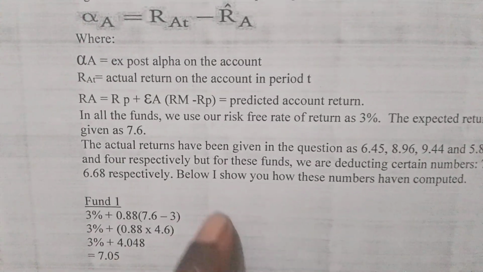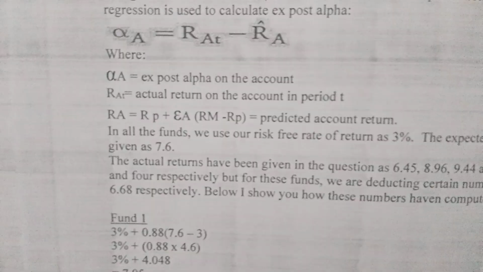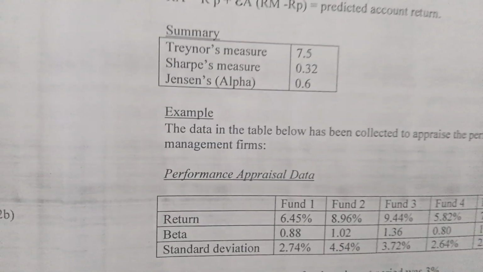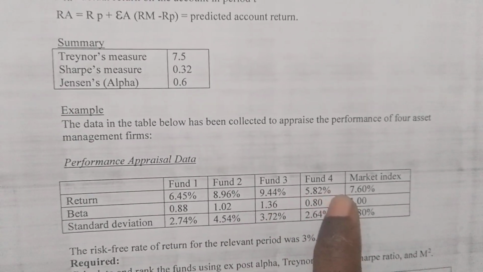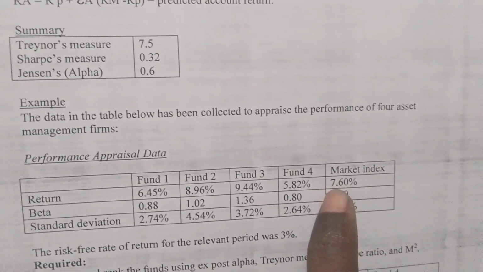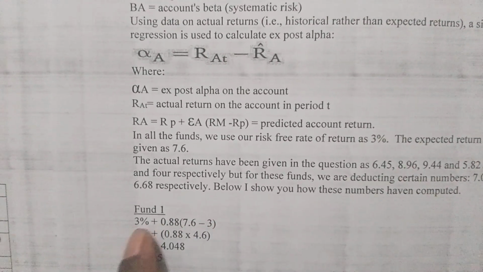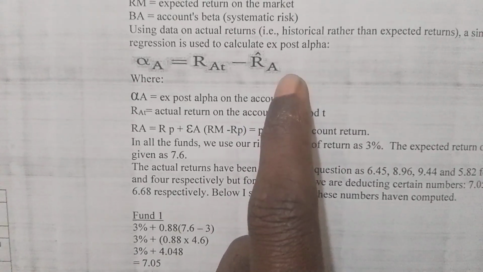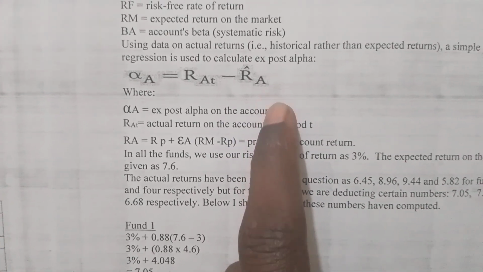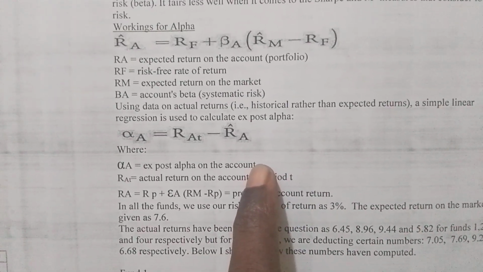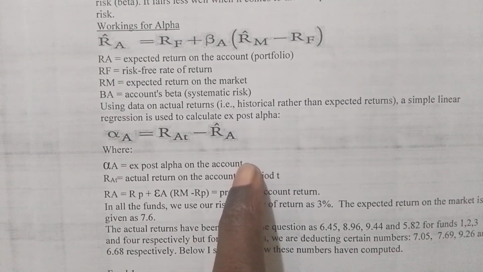Then that beta you put into brackets, then you take 7.6, which is the return for the market index, and then you minus the risk-free rate of 3. So you will have gotten this portion here, which we are referring to as the expected return on the portfolio.